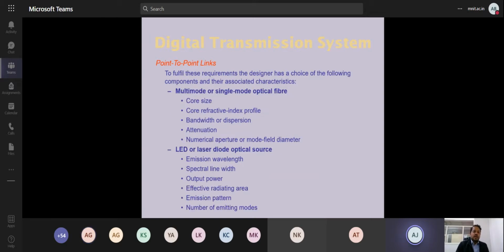So in these point-to-point links, if you are a designer, then these are things that you need to take a look at. Should you use a multi-mode fiber or a single mode fiber? When would you like to use a multi-mode fiber, and when would you like to use a single mode fiber?